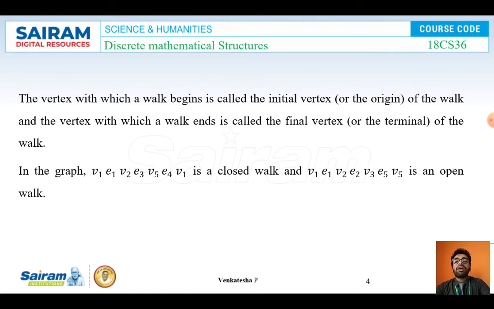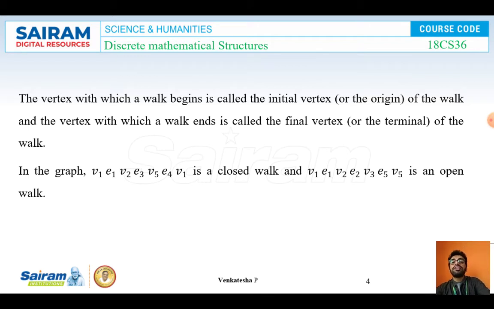Now, a particular walk having an initial vertex and a terminal vertex, where it begins with the same vertex and ends with the same vertex, will be called a closed walk. A walk starting with a different vertex and ending with a different vertex will be called an open walk.